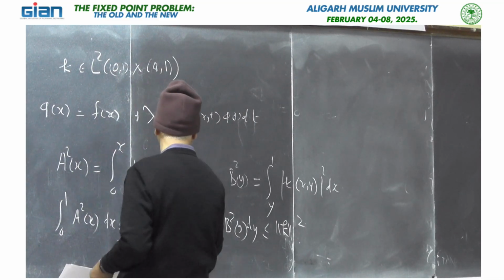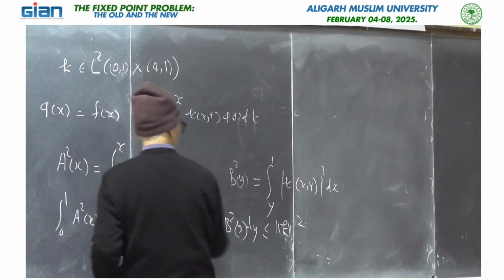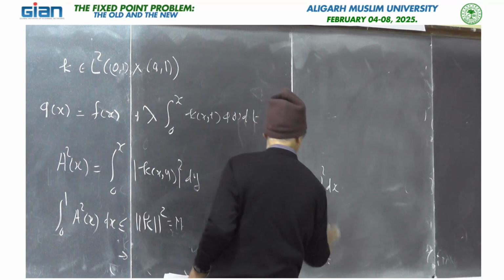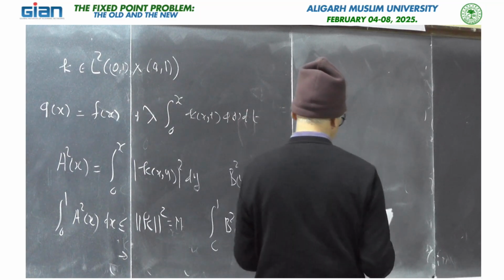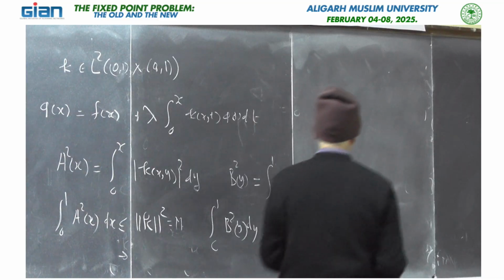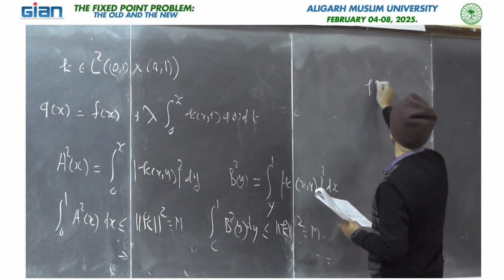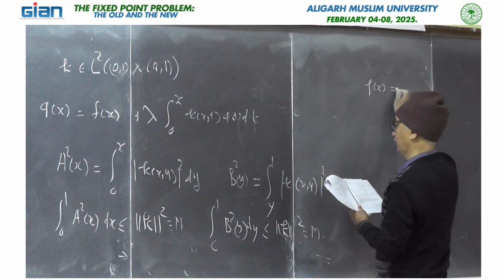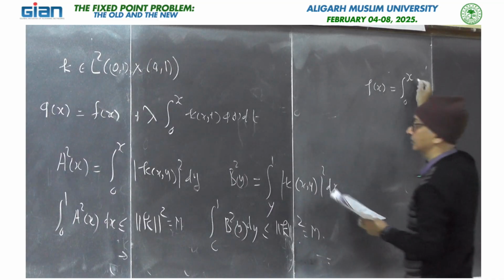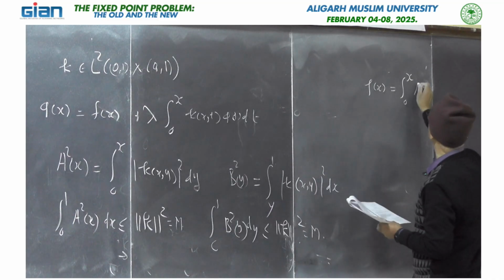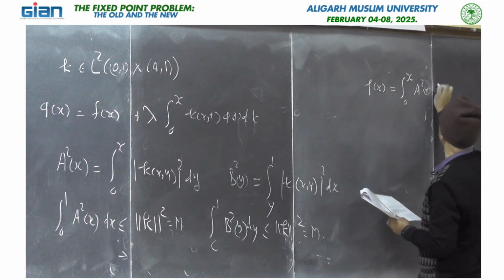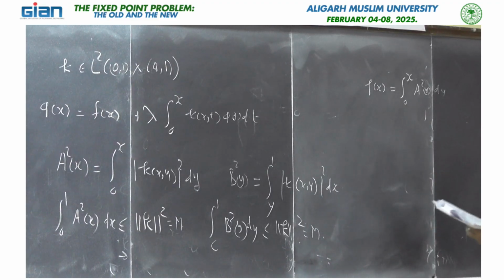So these are some number, let's say m, you don't need to write k squared everywhere. And then we have another notation, rho of x equal to the integral from 0 to x, rather than 0 to 1, of a squared y dy. Then rho of 1 is less than or equal to m, the same m.